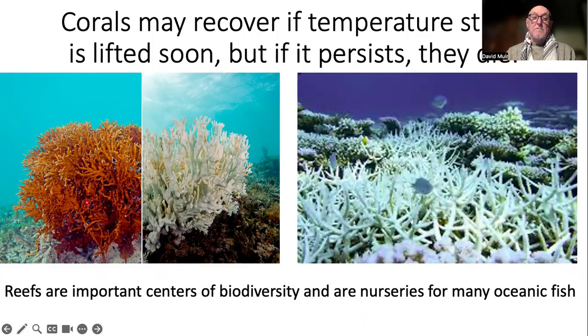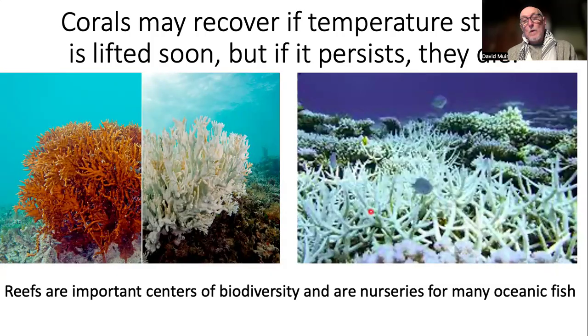Here's the typical situation. Here's a normal coral. Here's a bleached coral. And you can see whole huge areas of reef in a prolonged heating event. You'll see huge areas of the reef that are completely ghostly white. This is leading to the loss of corals from the reefs. The reefs also become weakened.